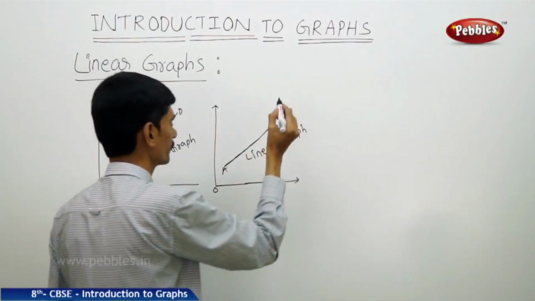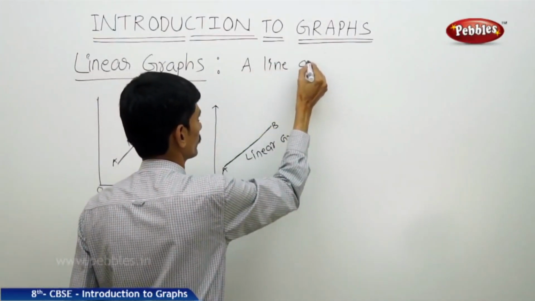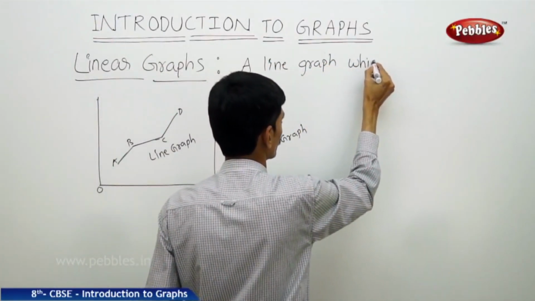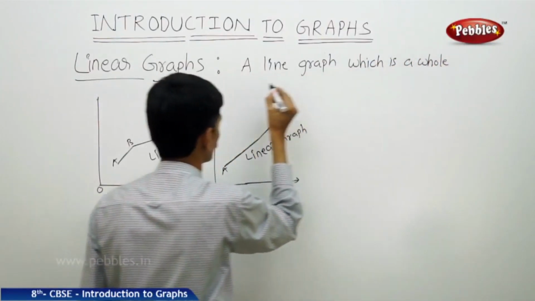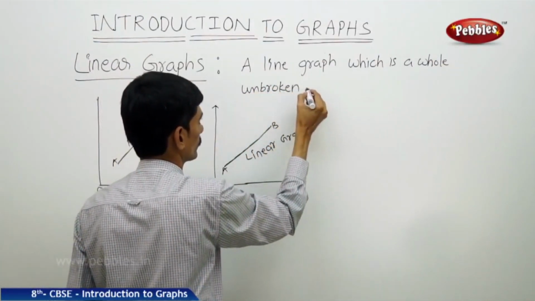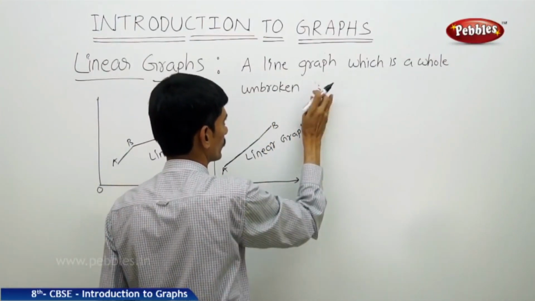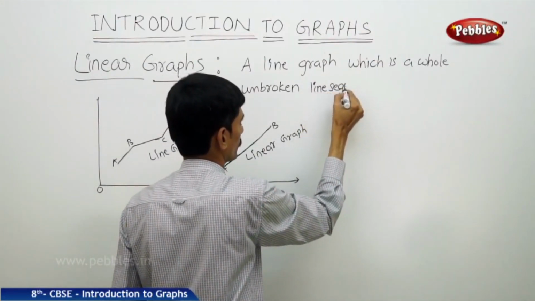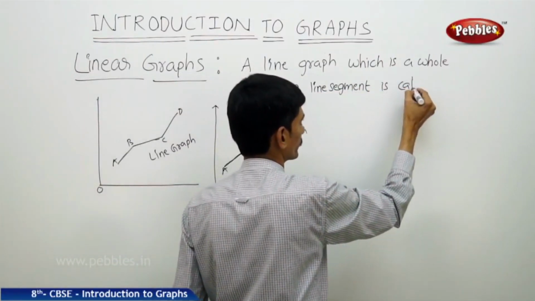Now let us write the definition of a linear graph. So a line graph which is a whole unbroken line segment is called a linear graph.